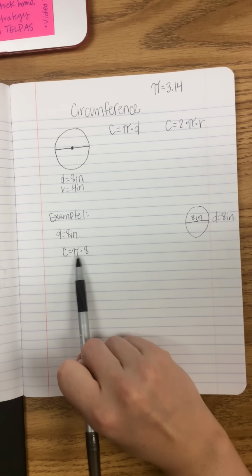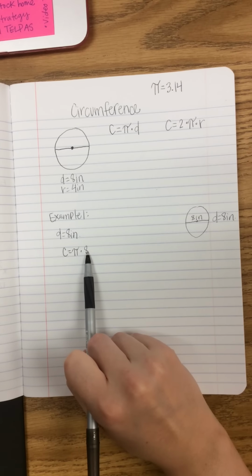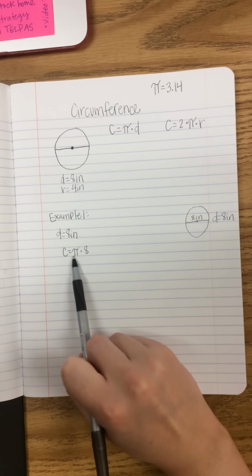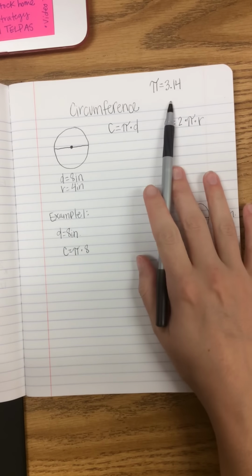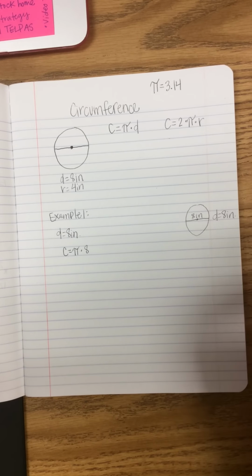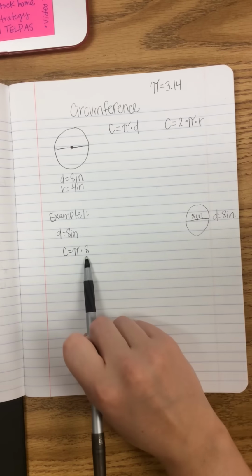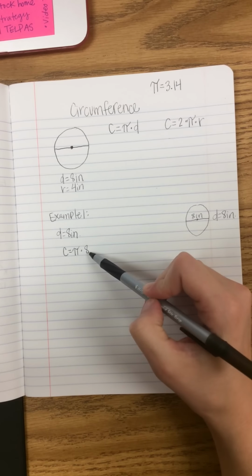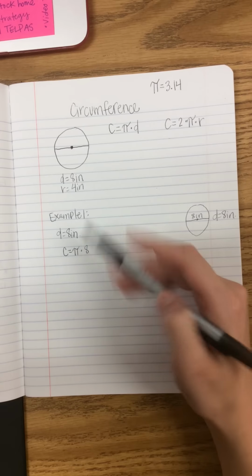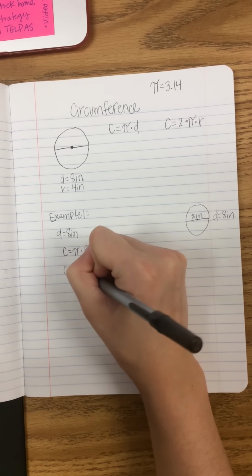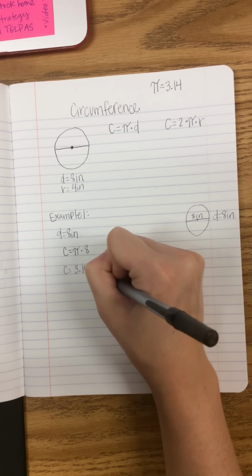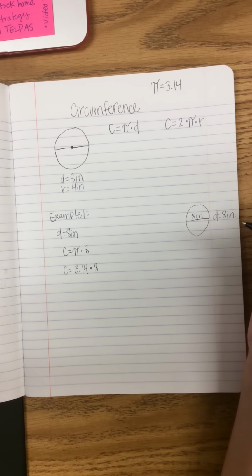Now, you don't have to write 3.14 yet. You can just remember that if you write pi, that still means 3.14, always, okay? So we've written out our formula, and now we substituted the 8 for the diameter. Now we can substitute 3.14 in for pi, okay?